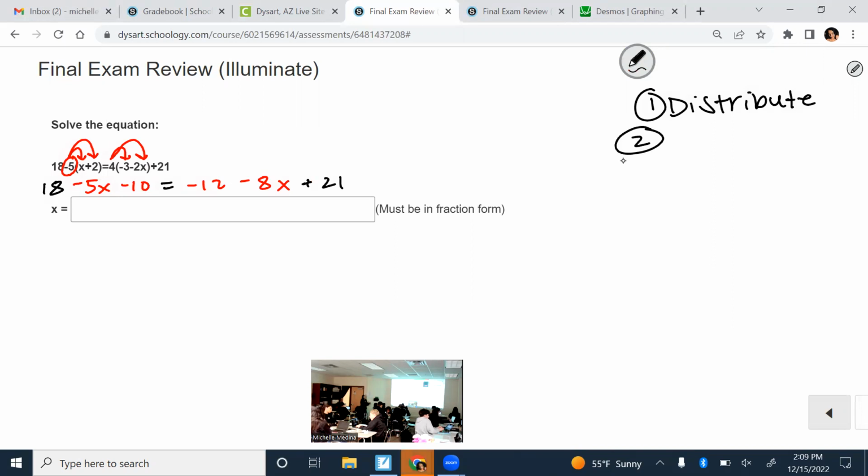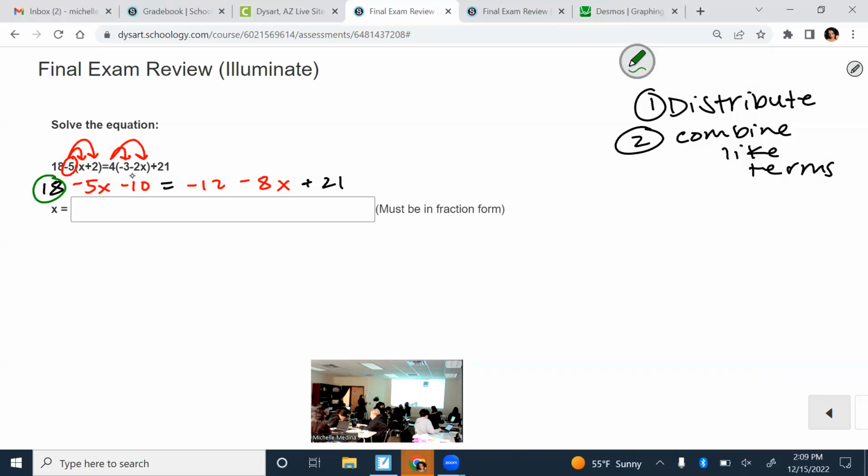Step 2 is to combine like terms. So on the left side, do I have any like terms that need to be combined? Any single numbers can always be combined. What's 18 minus 10? 8.